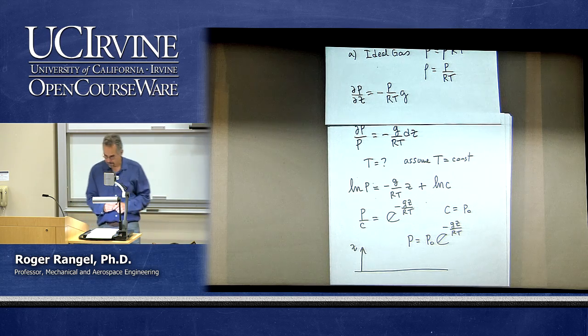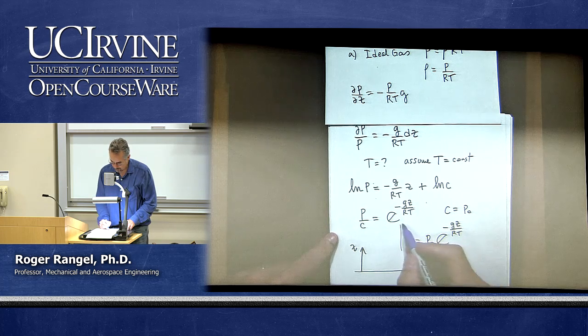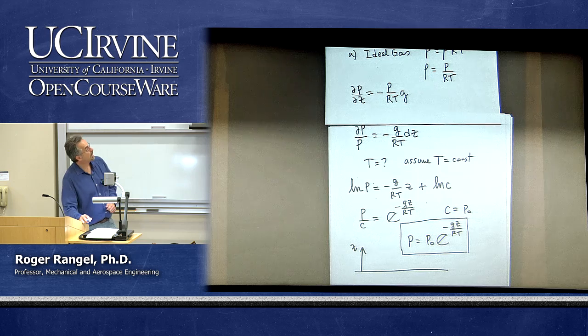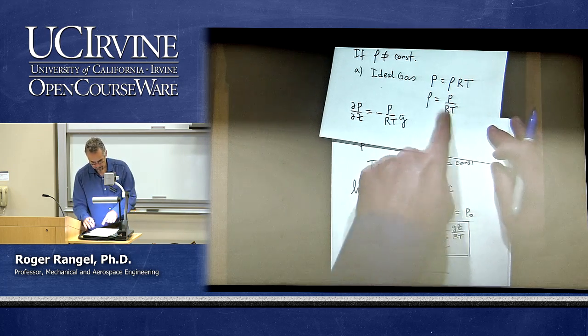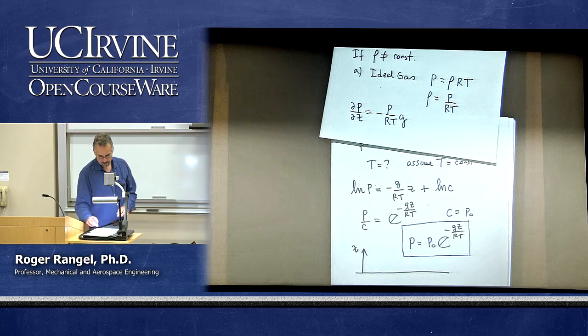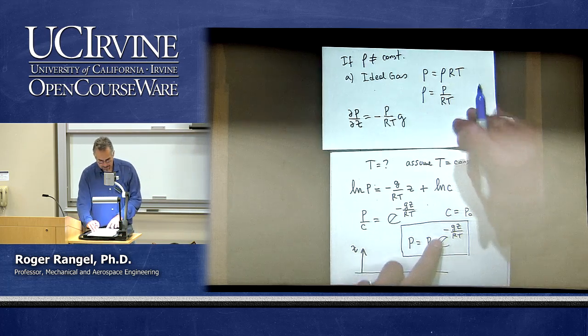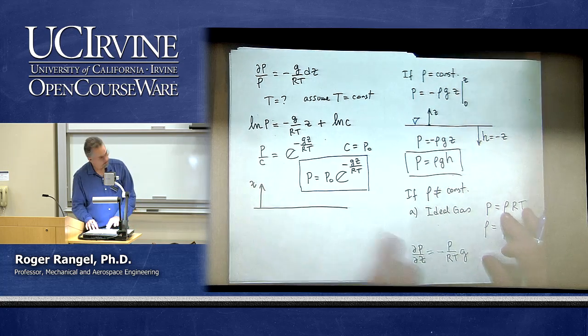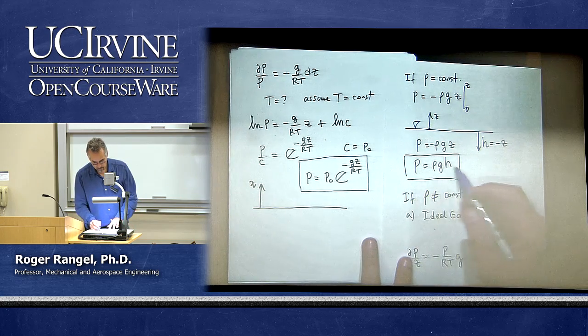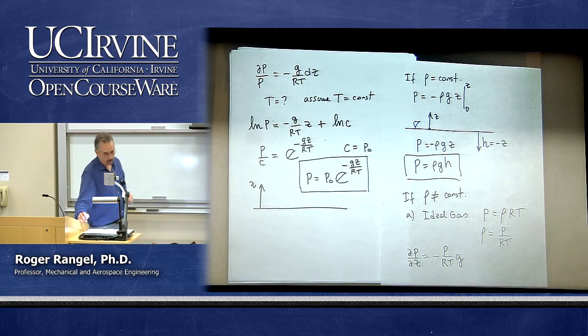So that's another solution. Here's a solution for a problem in which the density varies according to the ideal gas law, but the temperature is assumed to be constant. Compare that to the previous result here, which was the solution when the density is assumed to be constant.